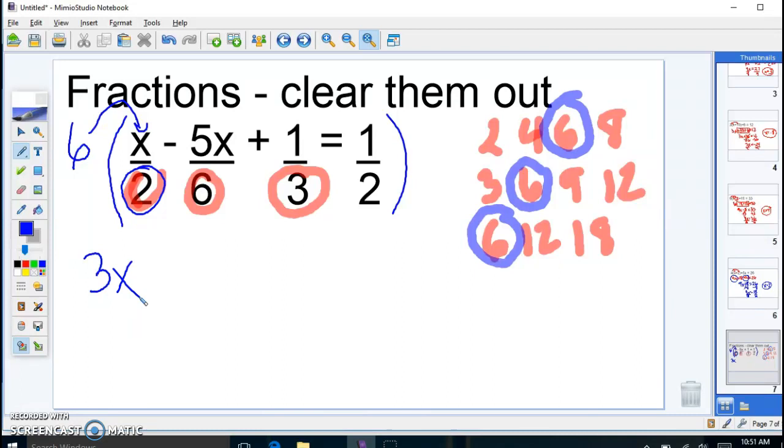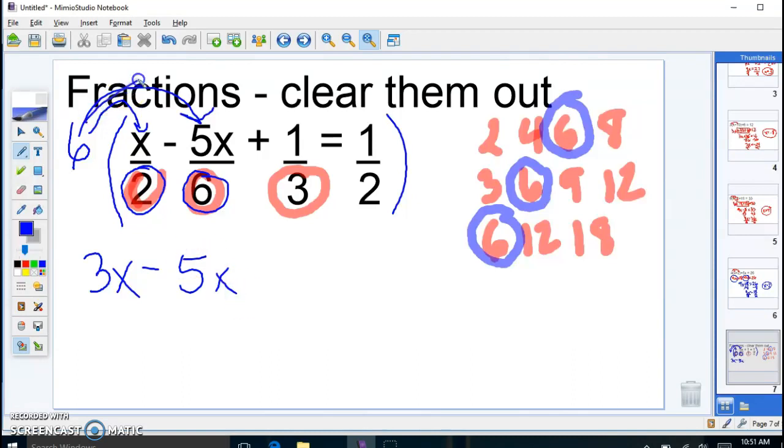The subtraction sign drops down, and then I do 6 times 5x, which gives me 30x, but I divide it by the denominator of 6. 6 times 5 is 30, divided by 6 is right back to 5, so we have 5x. Notice the denominator is gone.